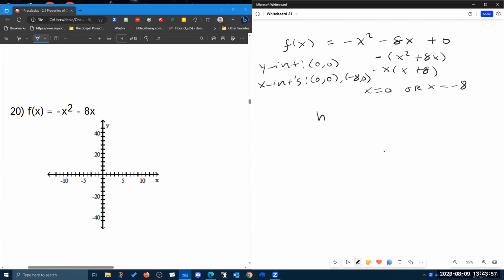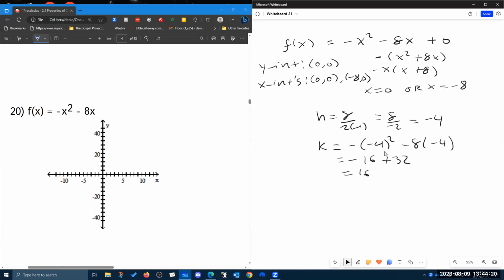Going to use the vertex form of our parabola, and have a positive 16 here. So our vertex is at (-4, 16). (-4, 16) is somewhere right there.